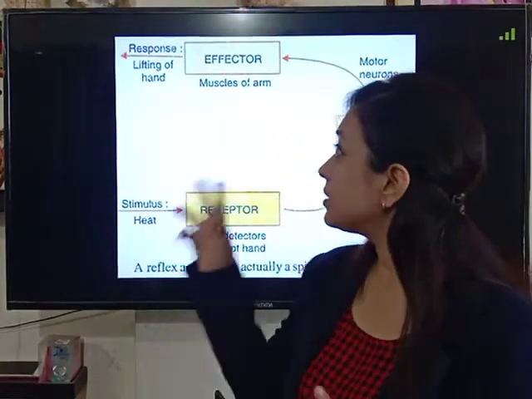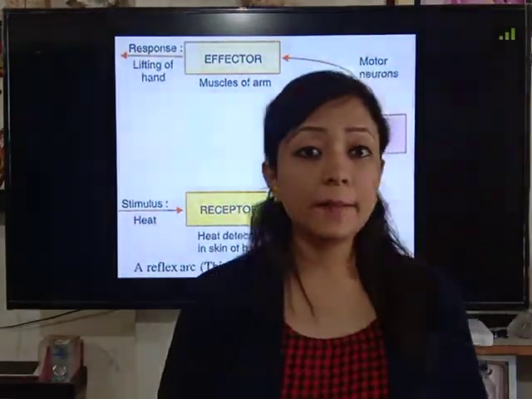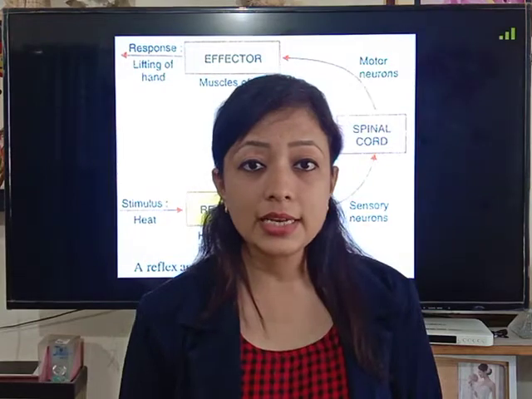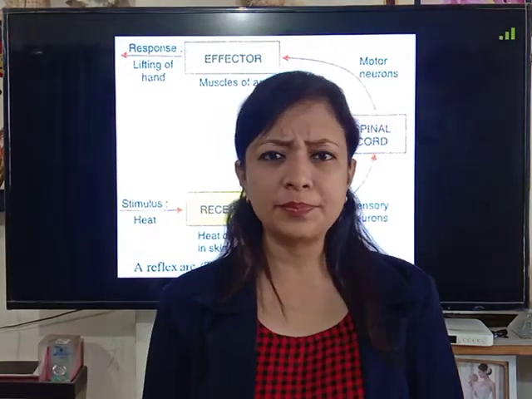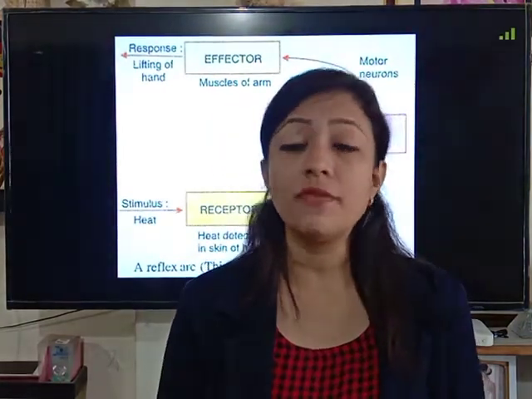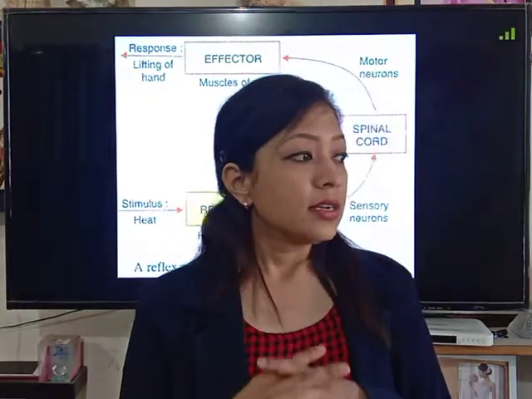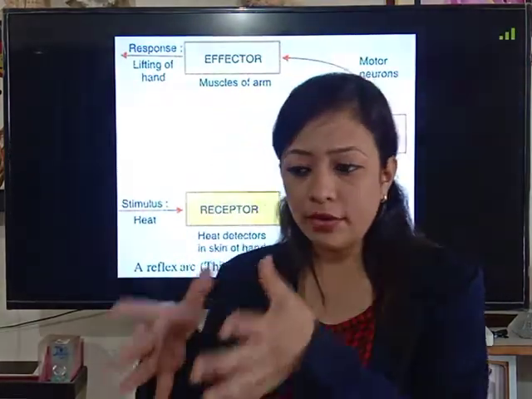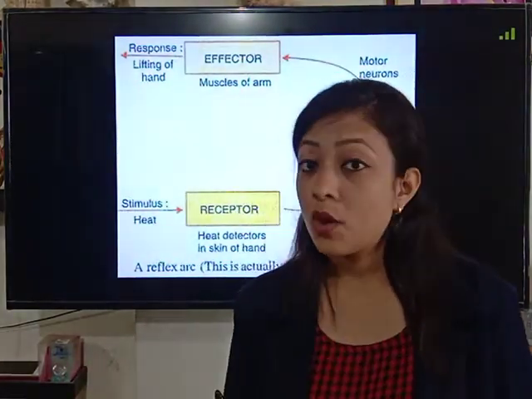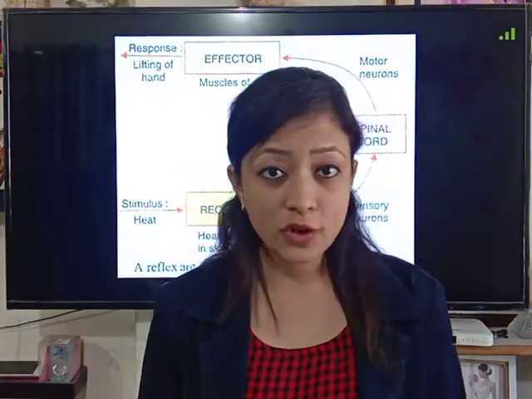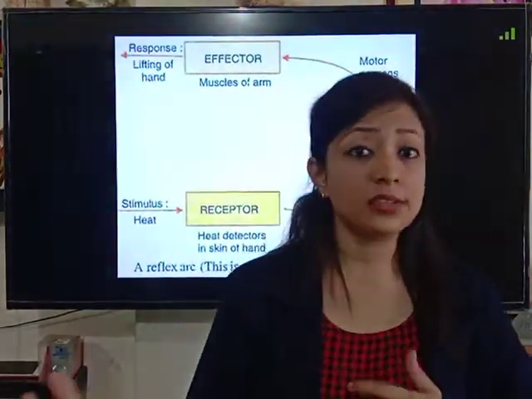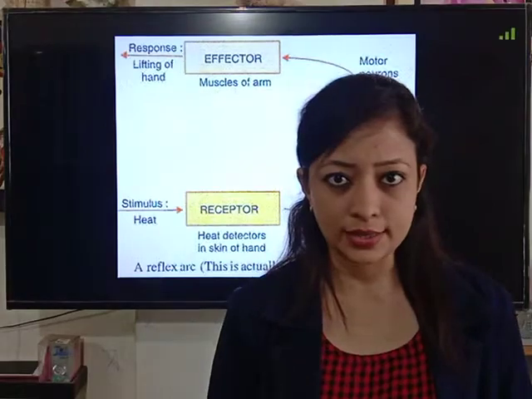So children, reflex action is nothing but the spontaneous, that is the automatic response given to a particular kind of stimulus. As I told you one example, when we touch any hot utensil, what happens? Within a fraction of a second, we automatically pull our hand away from that hot utensil.